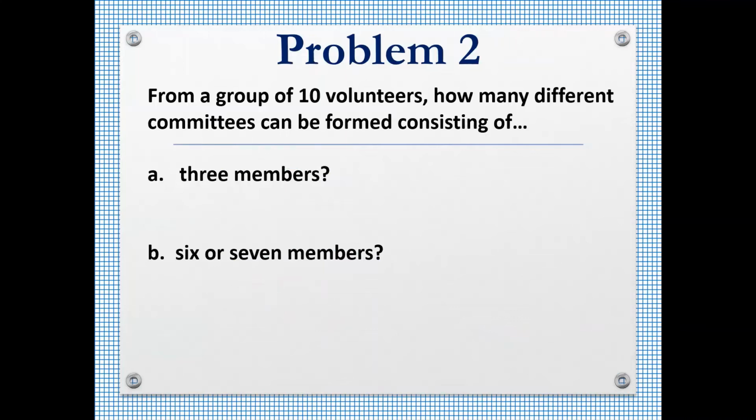When you see a problem like this, forming committees, forming groups of people, it's about combination. Ideally, you cannot repeat the person. A particular person cannot be a group member in another group. That's why it's also combination. Okay, try it. 2 minutes. 10 volunteers. And then what if you need 3 members per group or 6 or 7 members?